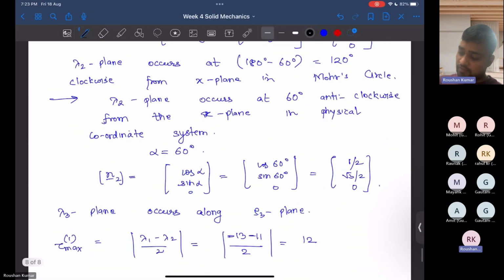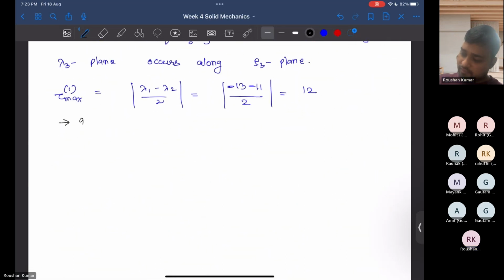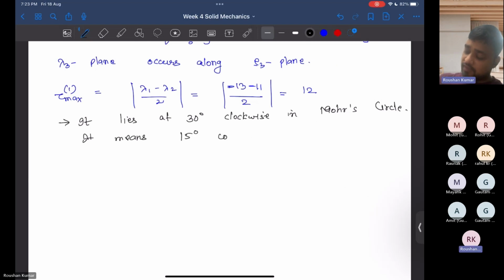So it lies at 30 degree clockwise in Mohr circle. So it means 15 degree counterclockwise, that is anti-clockwise, in physical coordinate system.